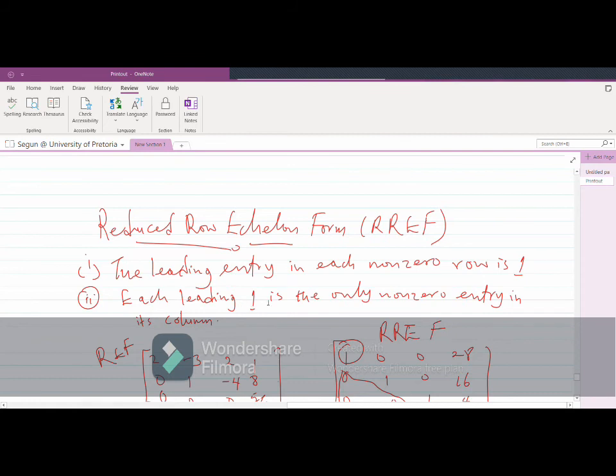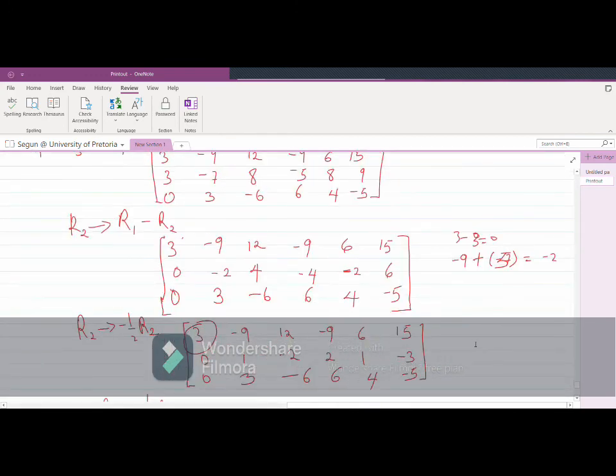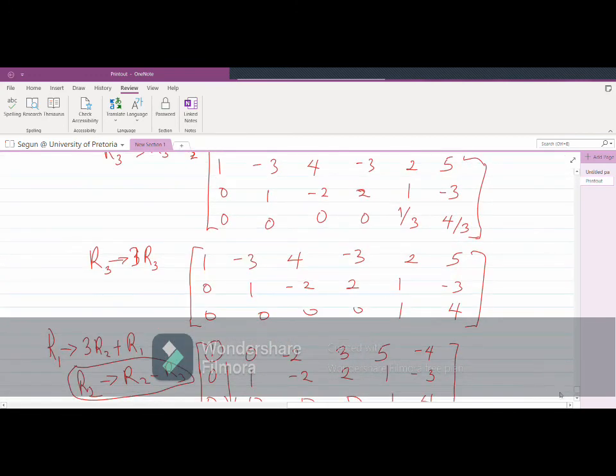Each leading 1 is the only non-zero entry in its column. Non-zero means it's not equal to 0. Now, let's go to that last part.